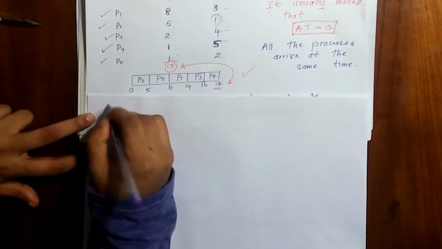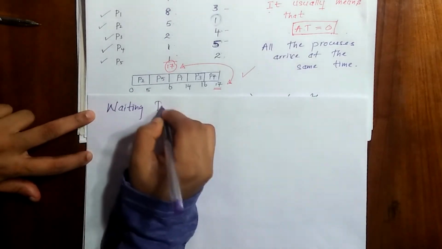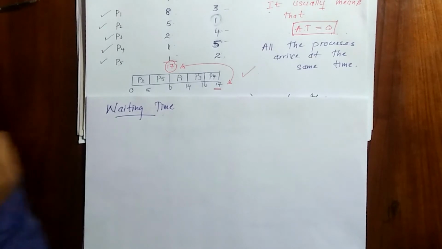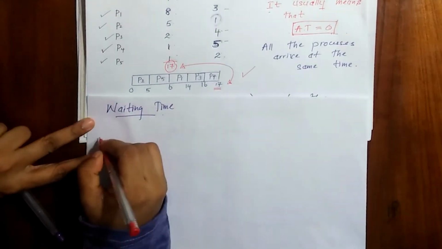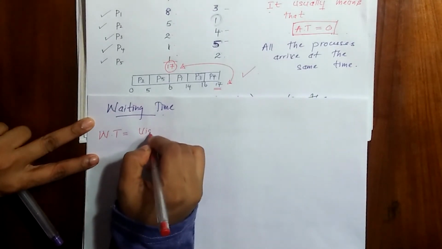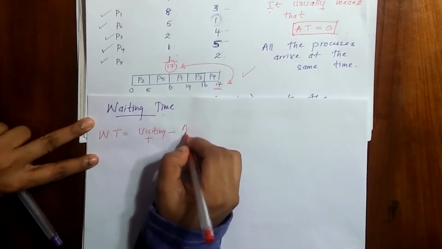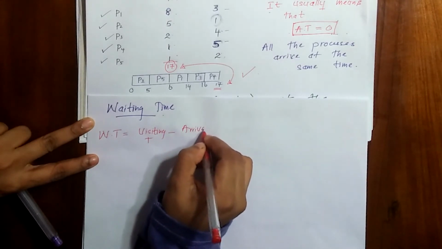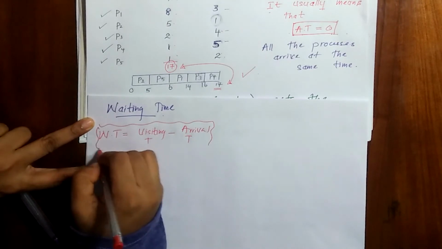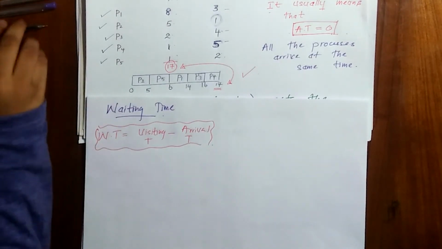To find the waiting time, I gave you the equation and I hope you can remember that. That is, waiting time equals visiting time minus arrival time. Right. So let's start with P1.